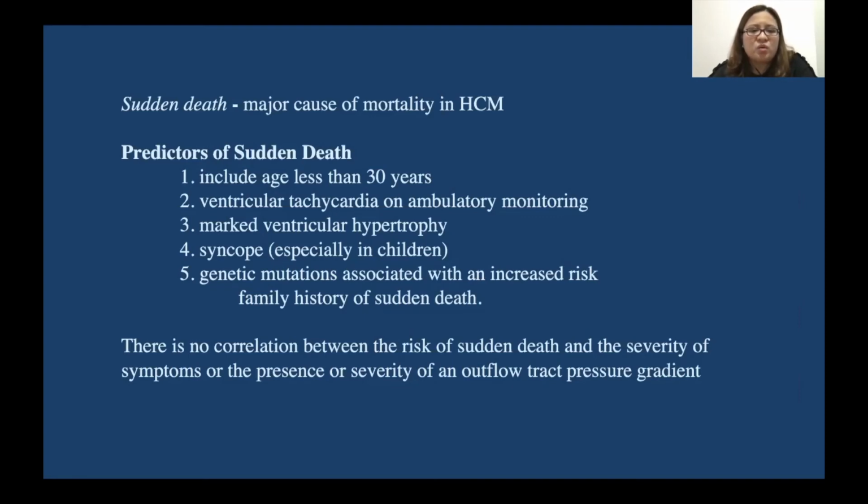There is no direct correlation between the risk of sudden cardiac death and the severity of symptoms or the presence or the severity of an outflow tract pressure gradient. So these are the only five predictors of sudden death.